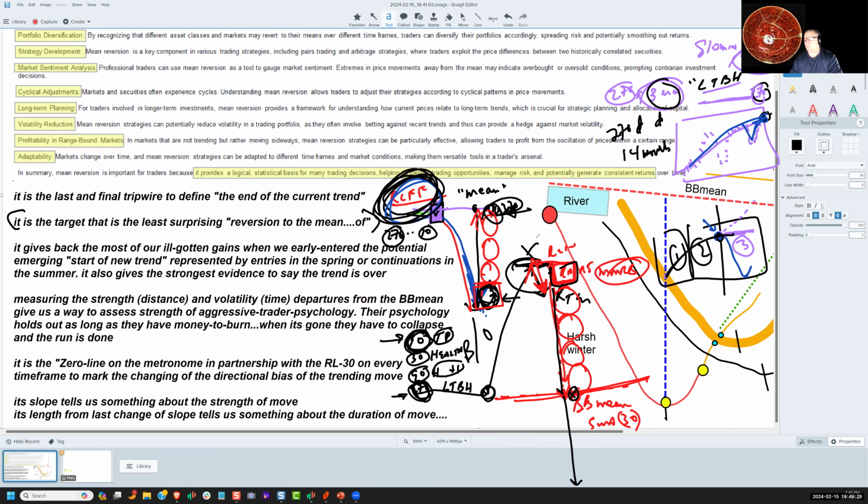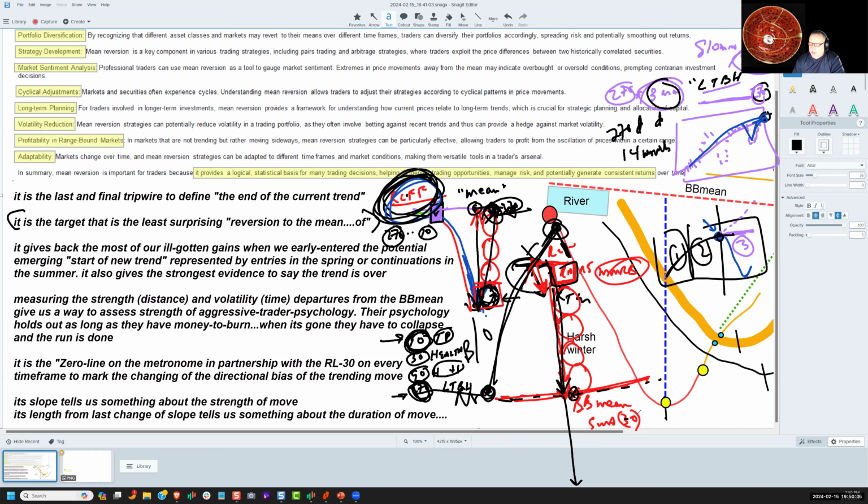Okay. Now, that idea of the reversion to the mean on the regression lines is the move when the 10 reverses and it's going to go back to meet the 270. That is technically a reversion to the mean trade. On the example I just gave you on the intraday, the move of when there's a sharp breakout and the RL10 moves up to a peak and starts to reverse, from the peak of the RL10 down to the middle of the river is also a reversion to the mean trade.